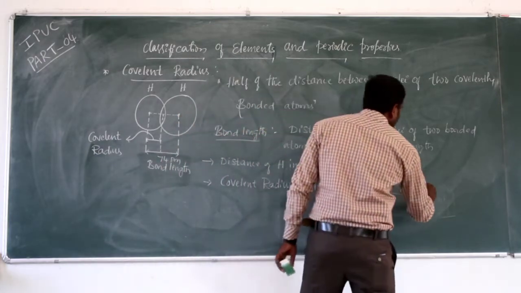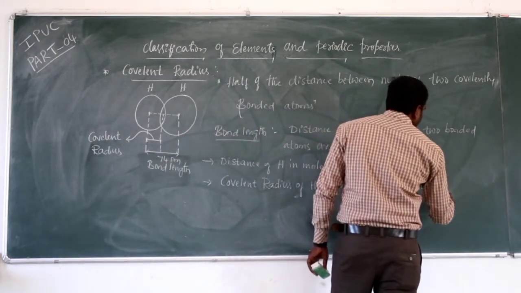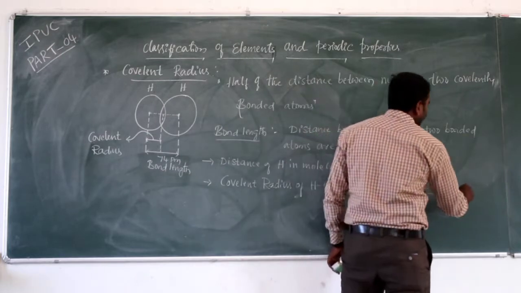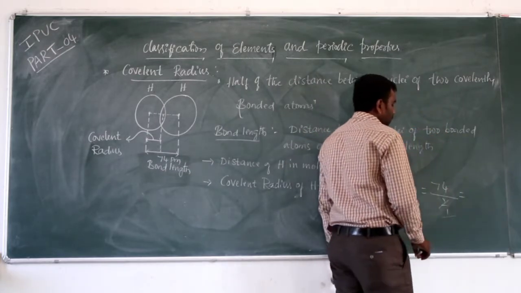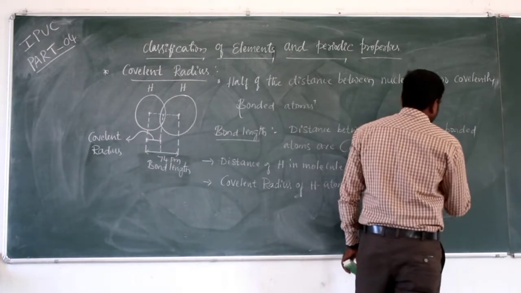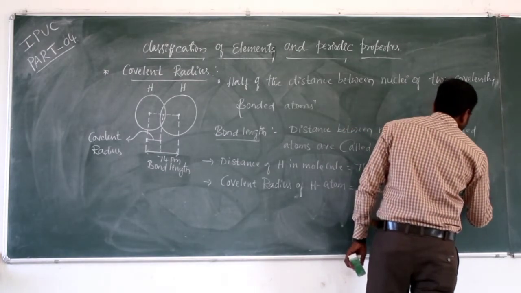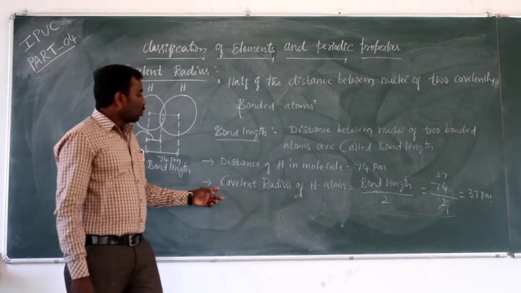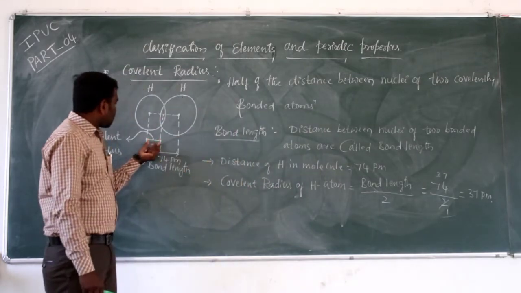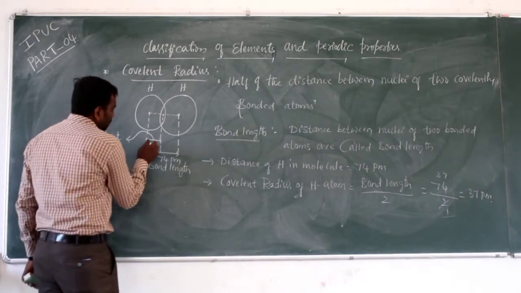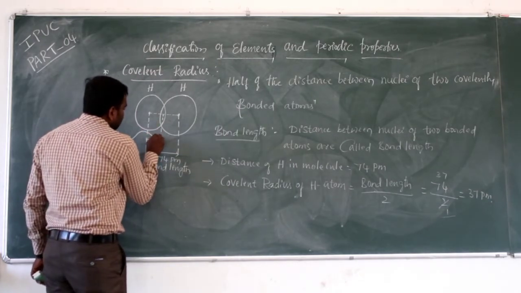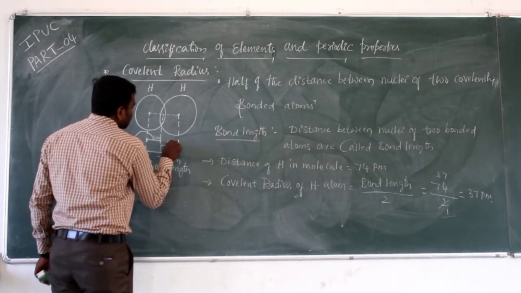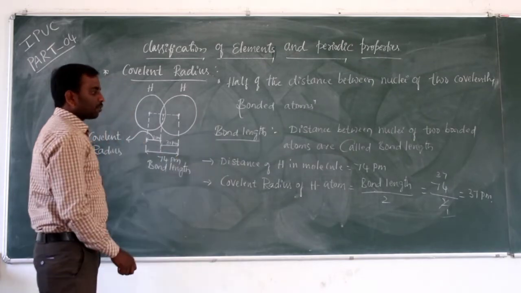The bond length is 74 picometer divided by the number of atoms, 2. 2 ones are 2, 2 threes are 6, 3 sevens are 21, so 37 picometer is the covalent radius of each hydrogen atom. That's the covalent radius of this hydrogen atom: 37 picometer.